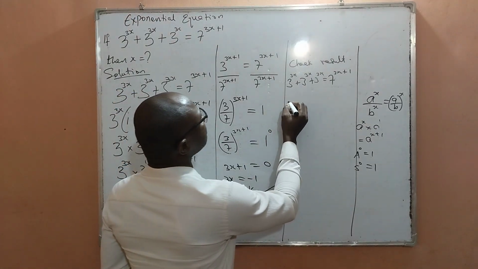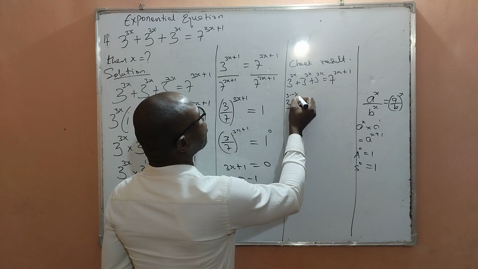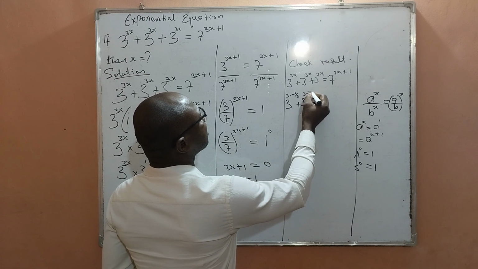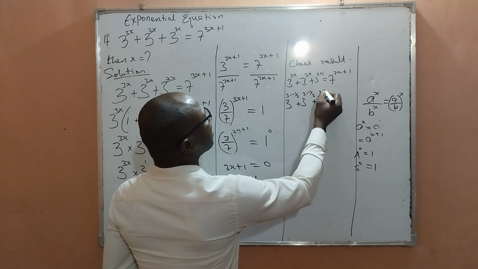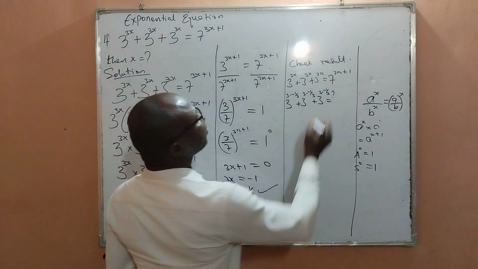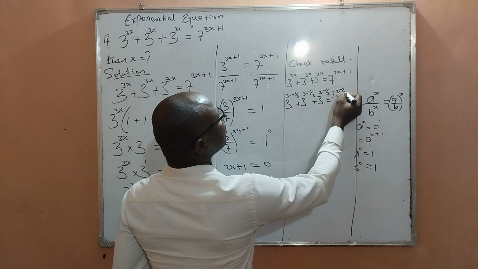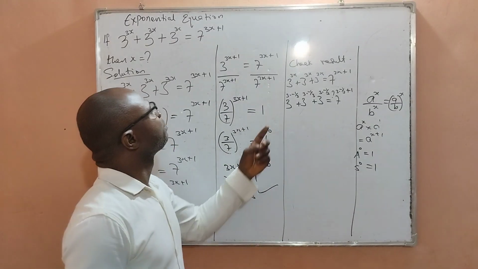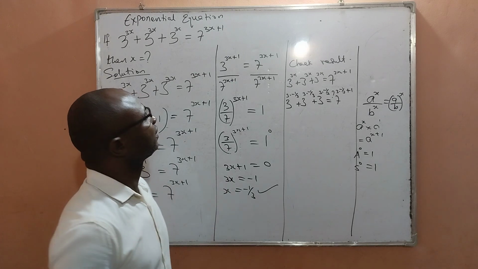So I begin to do that. 3 raised to the power 3 multiplied by negative 1 over 3 plus 3 raised to the power 3 multiplied by negative 1 over 3 plus 3 raised to the power 3 multiplied by negative 1 over 3. Is it equal to 7 raised to the power 3 multiplied by negative 1 over 3 plus 1? Okay, I have now replaced all the values of x with negative 1 over 3.